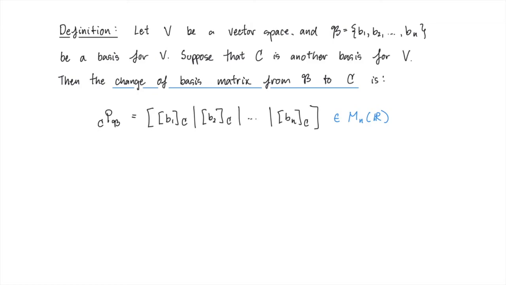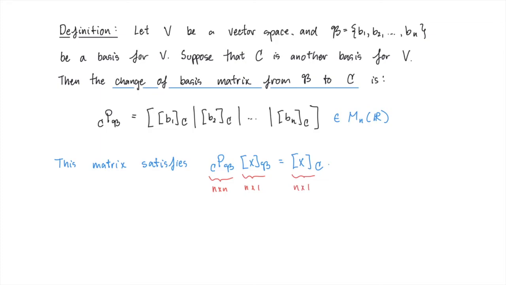The important thing about this matrix is that it satisfies the following identity. The change of basis matrix from B to C times the B coordinate vector for x is equal to the C coordinate vector for x. Note that this matrix is an n by n square matrix, and coordinate vectors are n by 1 vectors, so this multiplication does actually make sense.